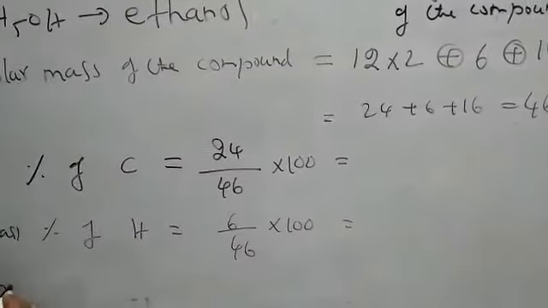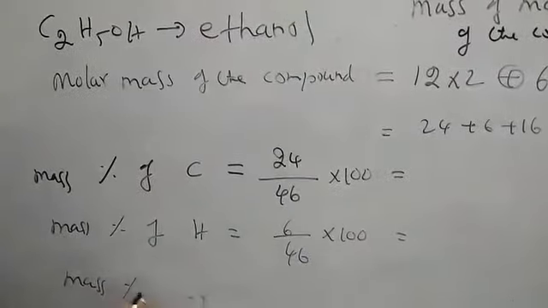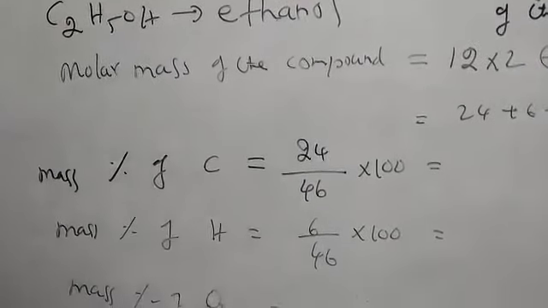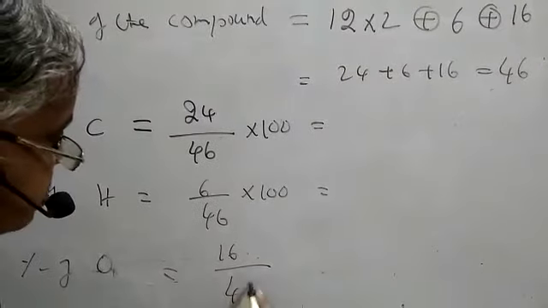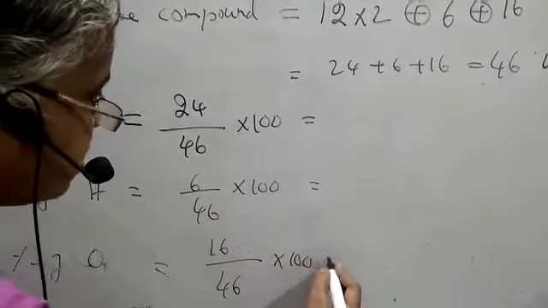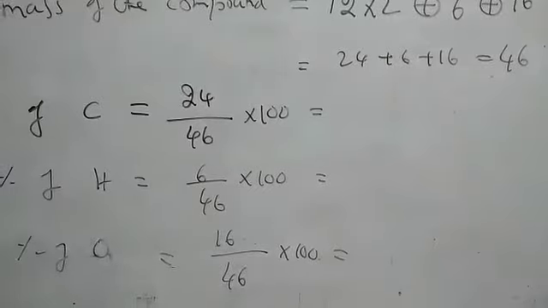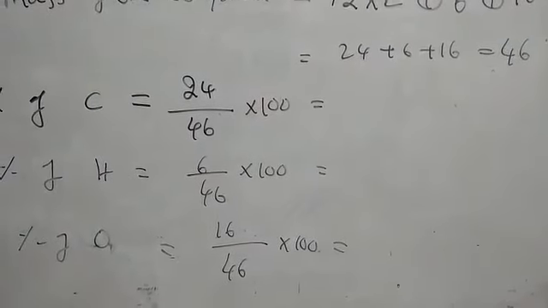Okay, third one is mass percentage of oxygen is equal to, atomic weight of oxygen is 16, molar mass is 46 into 100.